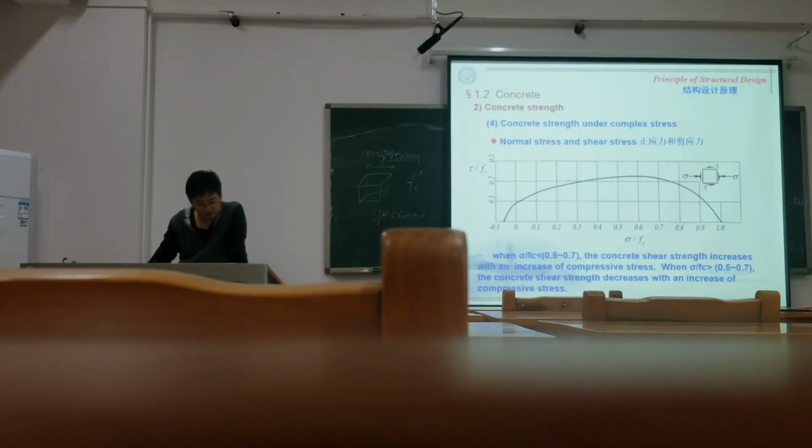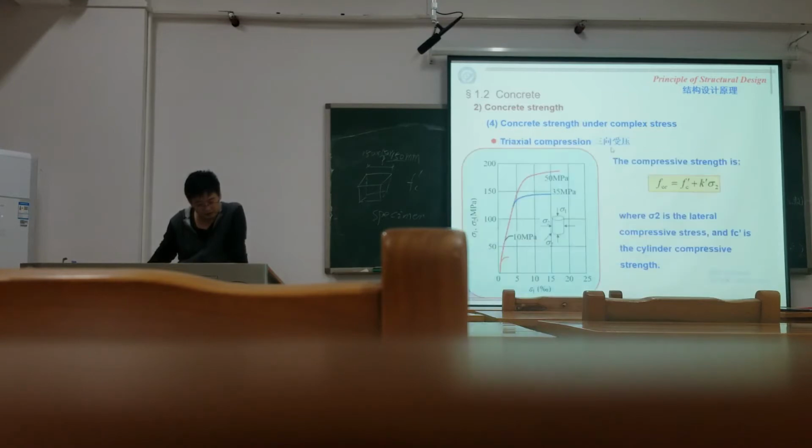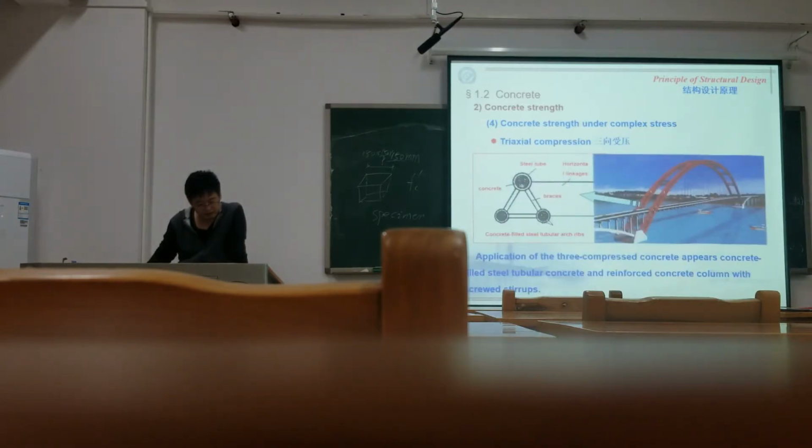With different stress conditions, the result will be different. The example is like this. This is the real use in the project. This is three directions in comparison. So the strength is improved highly.